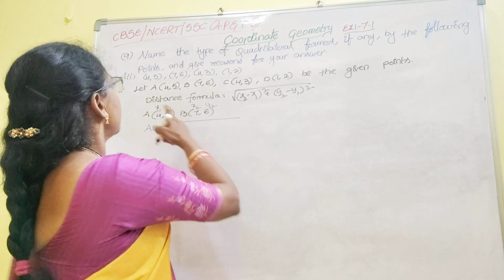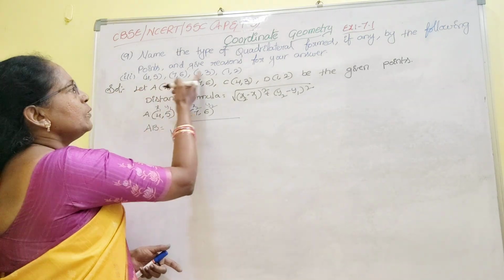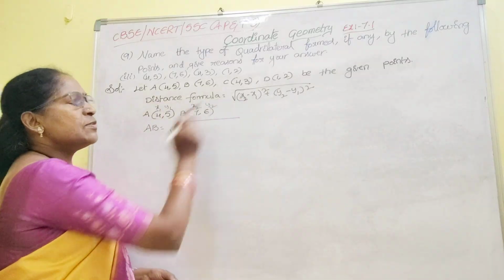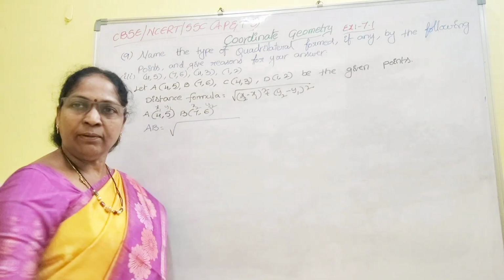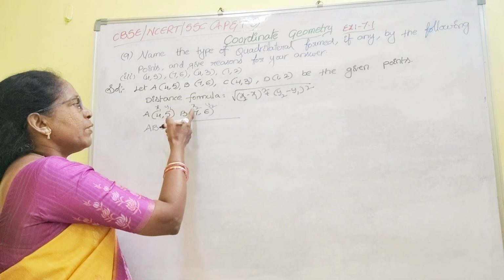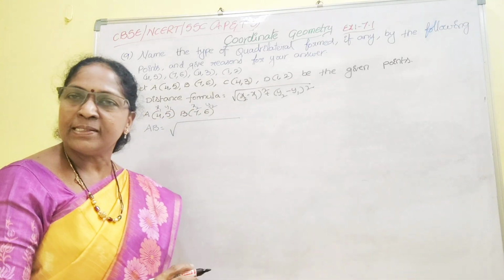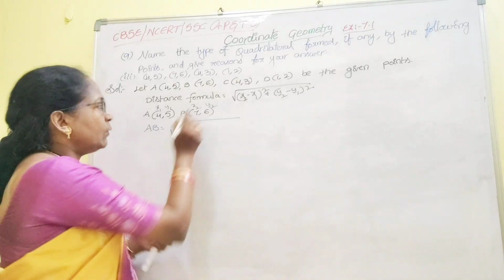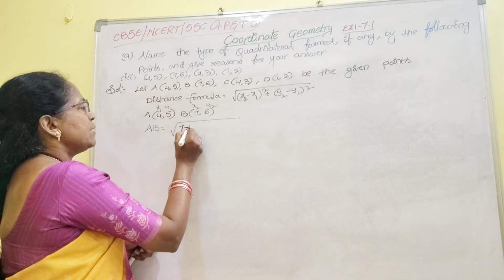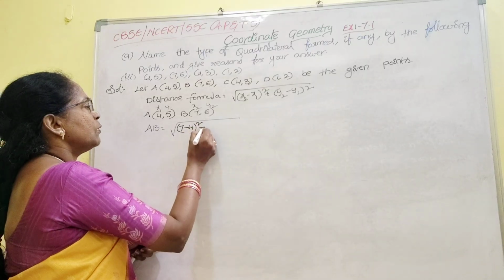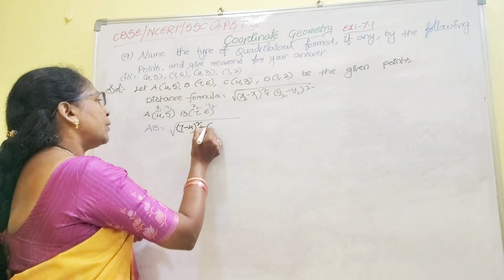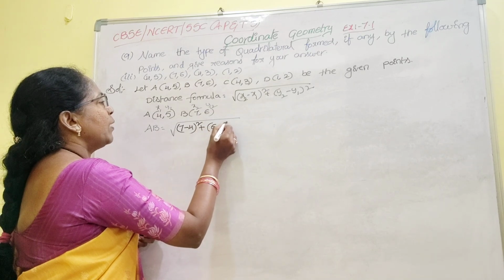Next, in this question, the third one, there are four points, A, B, C, D. Now, the distance formula, the same you have to write down. Next, consider AB points, represent x1, y1, x2, y2. Now, distance of AB equals the square root of (x2 minus x1) whole square, where x2 is 7 and x1 is 4, plus (y2 minus y1) whole square, where y2 equals 6 and y1 is 5.